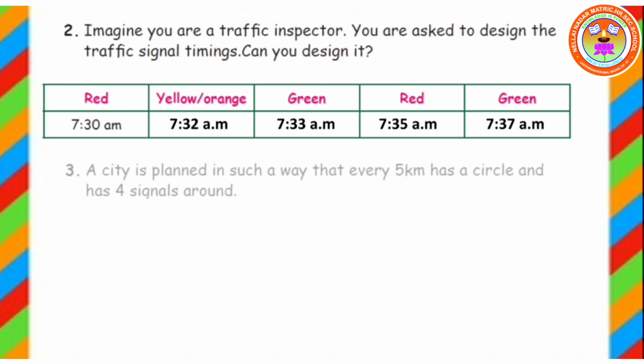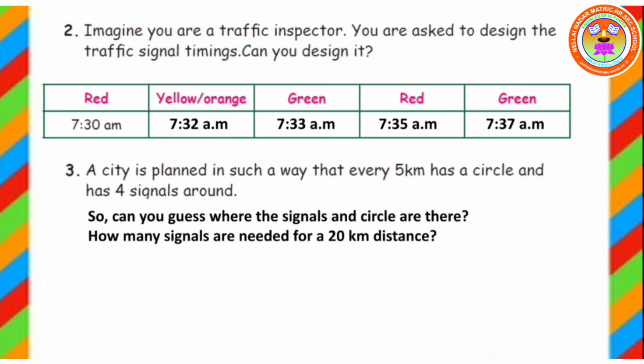Third sum. A city is planned in such a way that every 5 km has a circle and has 4 signals around. So, can you guess whether signals and circle are there? How many signals are needed for a 20 km distance? First 5 km, 1 signal.